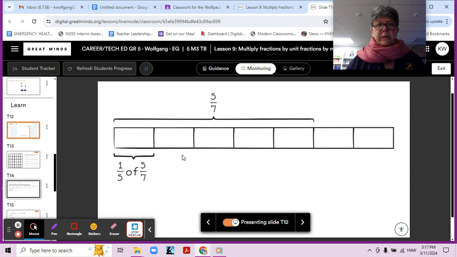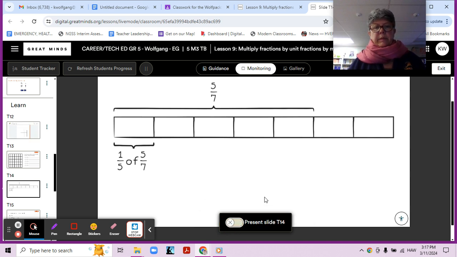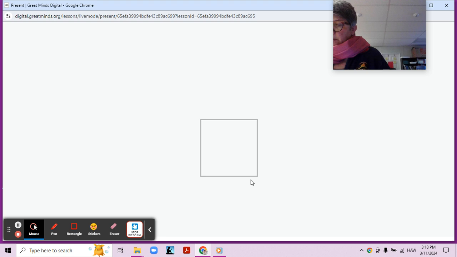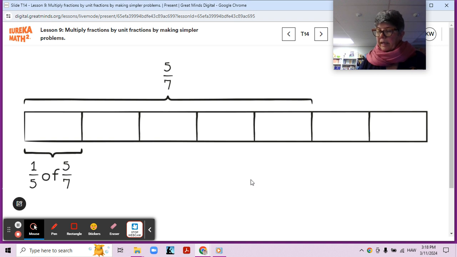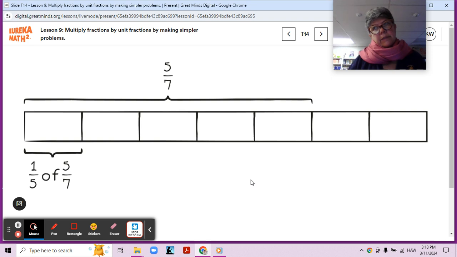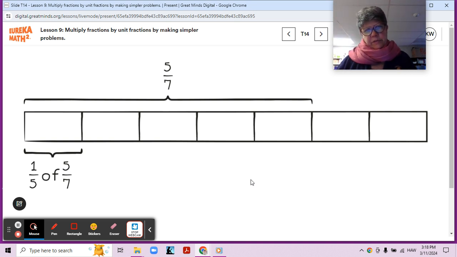Okay, something a little bit different here. Let's make it big, maybe. There we go. My friend Una said that she has another way to find 1/5 of 5/7. What do you notice about her work? Yes, she made a tape diagram to show 5/7.